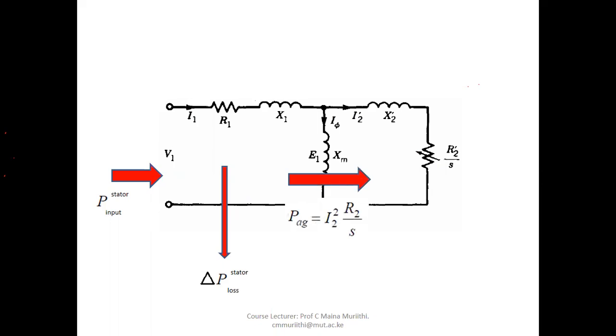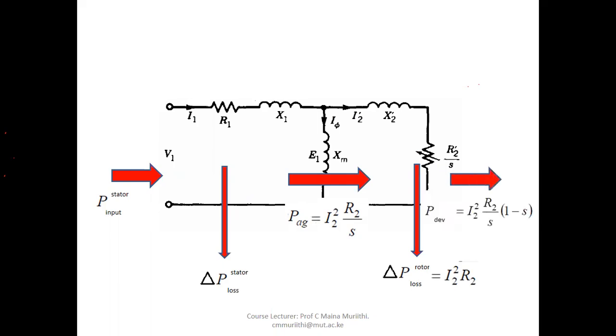It crosses from the stator side to the rotor side. Part of it is lost as copper losses in the rotor windings, and whatever remains is the developed power. If we now know windage and friction losses, we subtract them from the developed power and we get what we call the shaft power or the output power of the induction machine.